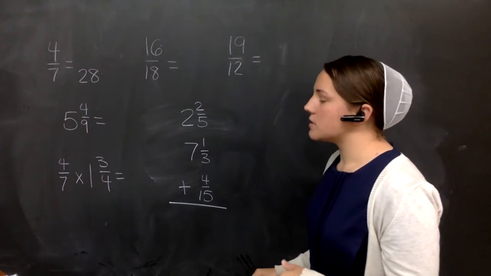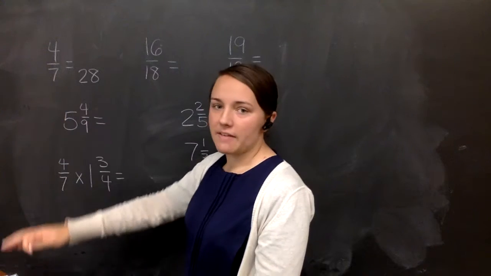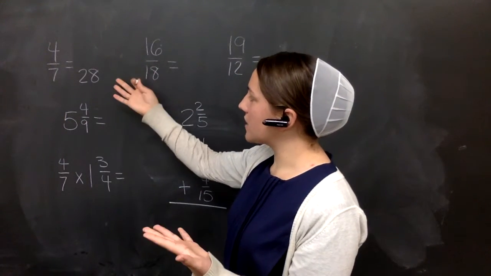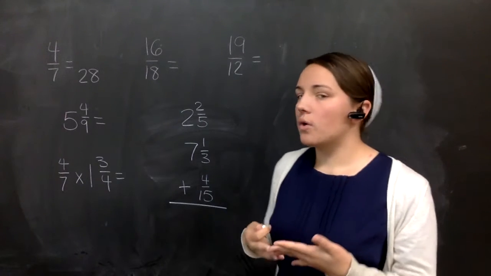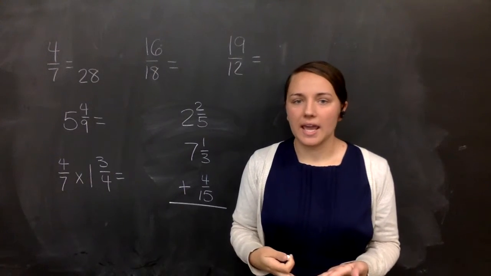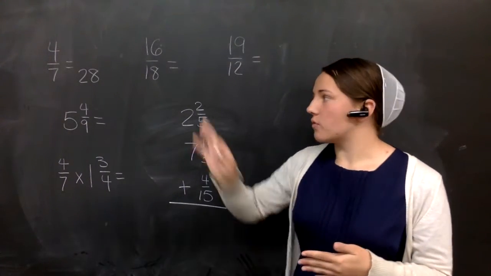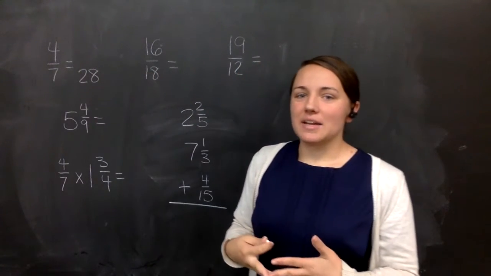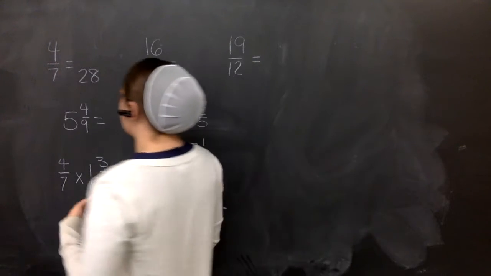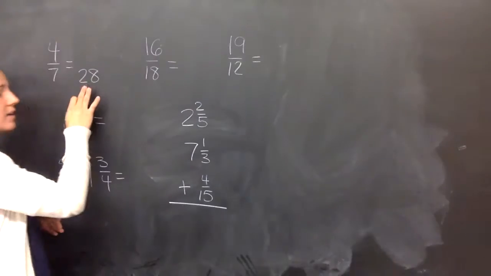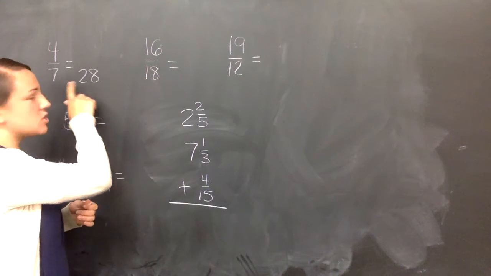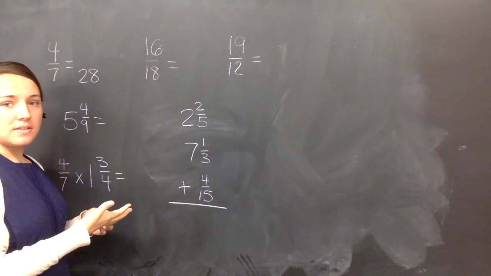Okay, in your lesson today, you are reviewing fractions, so we're going to do a bit of that on the board. First of all, I have a fraction 4/7, and the fraction we're making next to it is supposed to have a denominator of 28. So how can we make this a fraction that's equivalent to 4/7 with a denominator of 28? First, we look at how 7 goes into 28: 4 times.